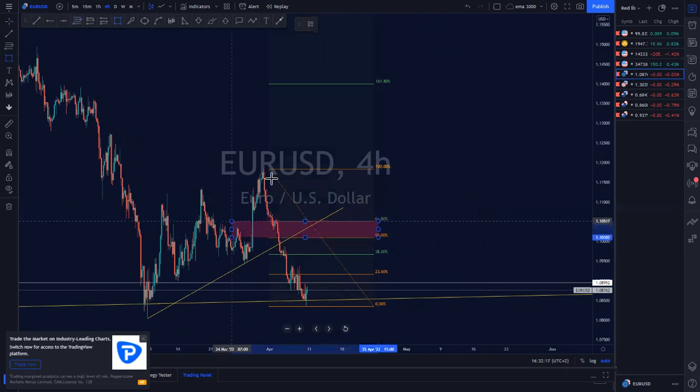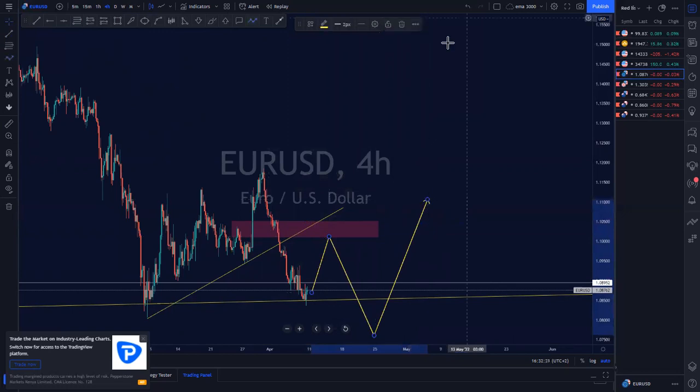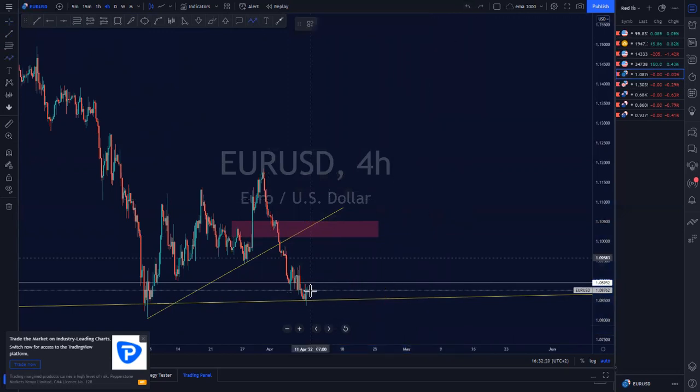This is the zone, so we are expecting that the market is gonna go up, test this level before the market goes down.